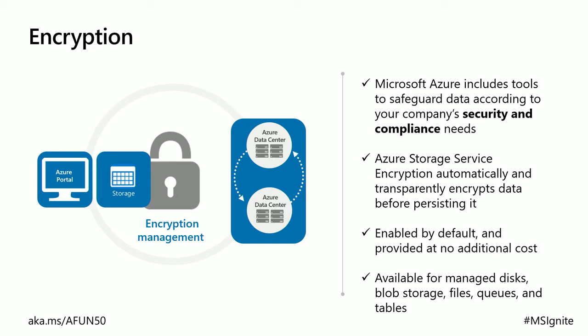And we will only accept encrypted disks when we do onboarding, like when we do imports and exports of disks. We won't do those in an unencrypted fashion. We do support FIPS 140 ciphers as well. So if there's a formal requirement for the certification needed to be able to say, yes, this is encrypted and here's the standards that it adheres to, we can certainly make sure that we provide that for you as well.